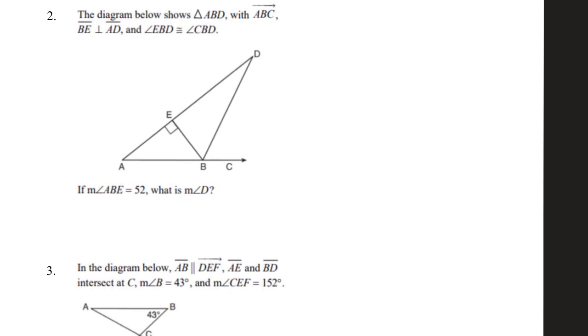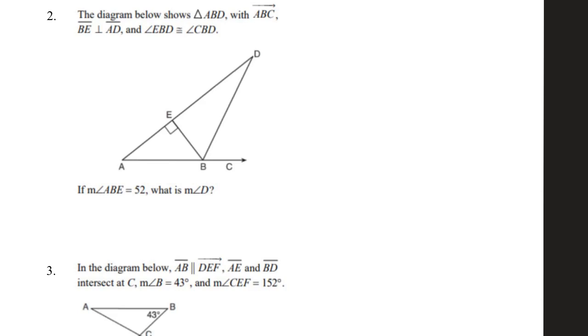Okay, and in the diagram below, we have triangle ABD, which is the big guy, and ABC is a ray right down here at the bottom. BE is perpendicular to AD. That's already drawn in for us with the right angle.